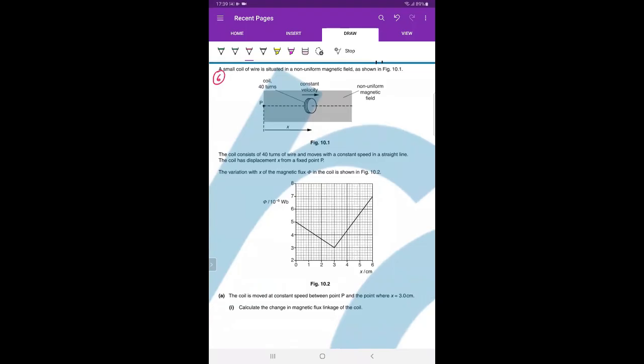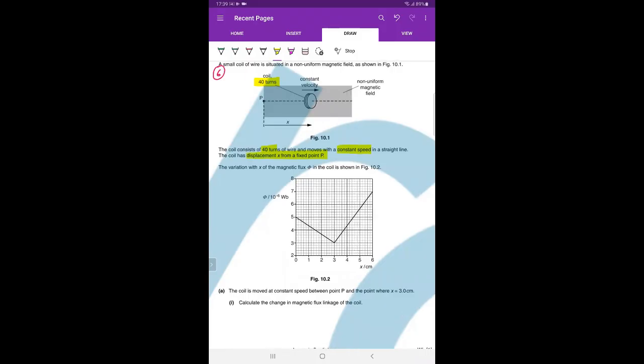क्वेश्चन की नंबरिंग का ट्रैक गलत हो तो खैर है, या बता दीजिएगा। वर्डिंग्स देख लेना। योर कॉइल कंप्राइजेस ऑफ 40 टर्न्स। The coil is moving at a constant speed. The displacement of the coil is shown as x from a fixed point P. Okay, the graph tells you how phi changes with the distance.